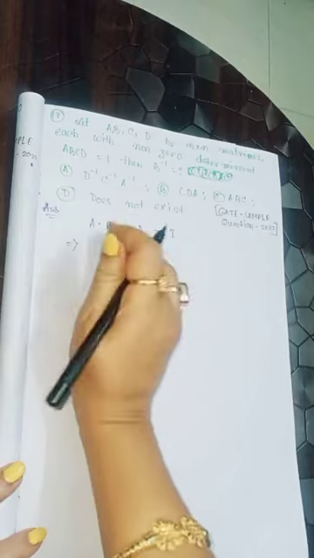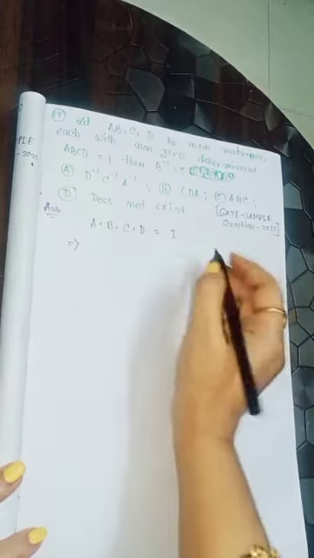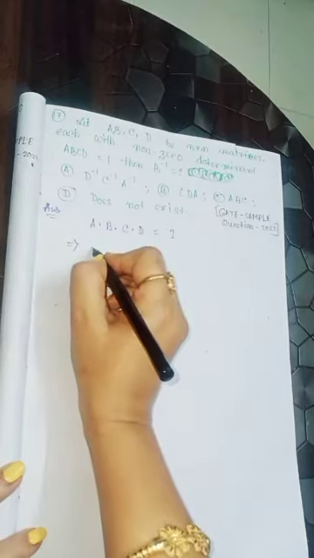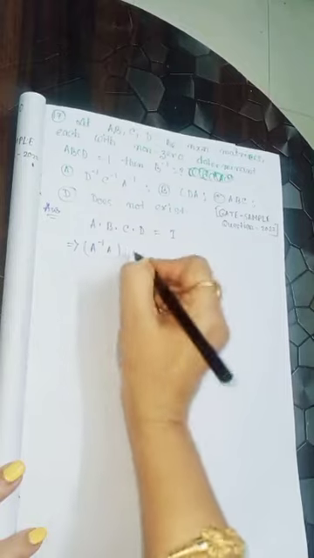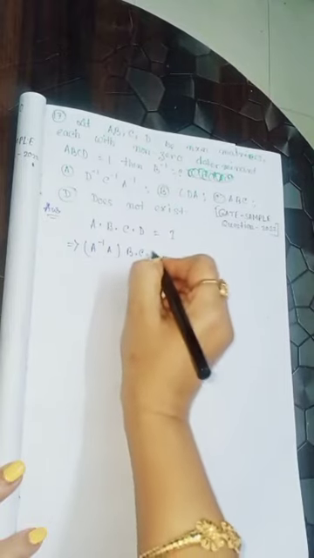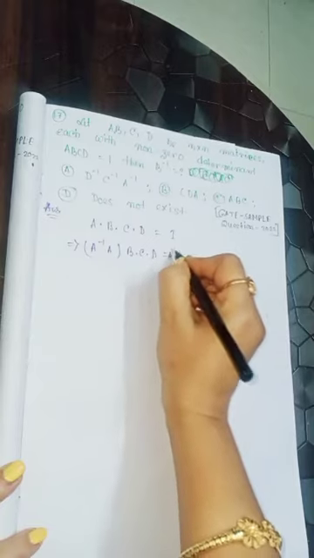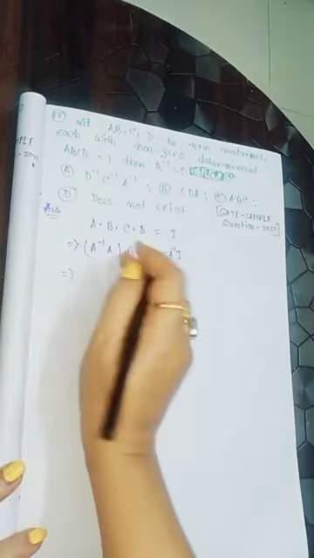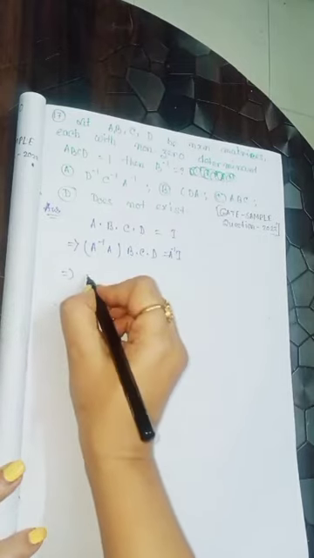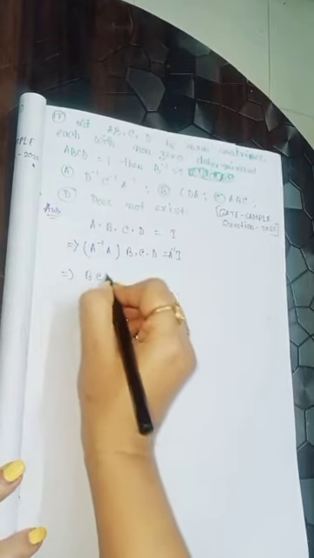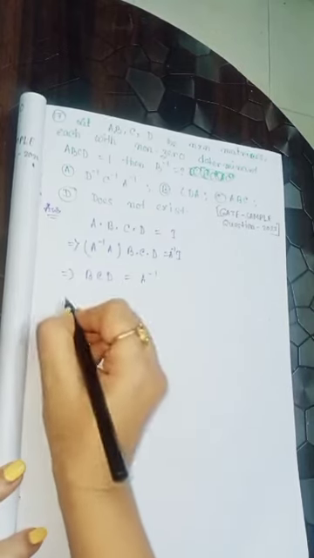So left multiplication by A inverse on both sides. Then A inverse A B C D is equal to A inverse I. Now this one is also cancelled as it is I. So it is B C D equal to only A inverse.